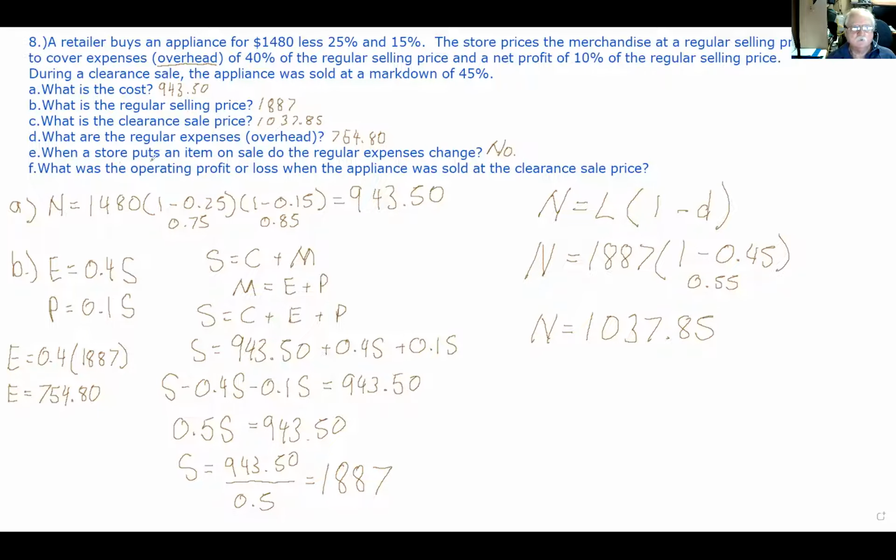So what was the operating profit or loss when the appliance was sold at the clearance sale price? So what they want us to do, I'll see if I can create a little space here for this, is go back to this equation, S equals C plus E plus P. But instead of using the regular selling price, they want us to use the sale price here.